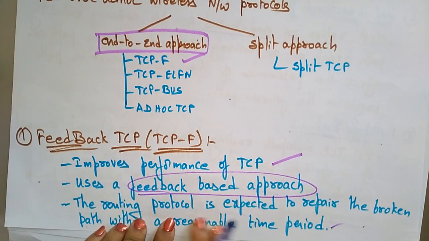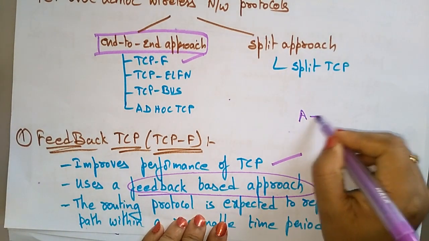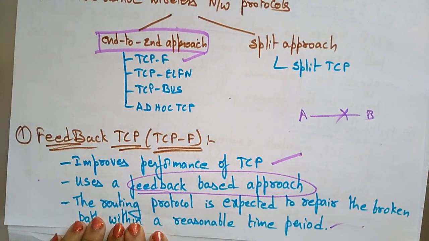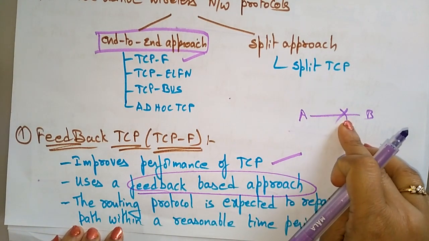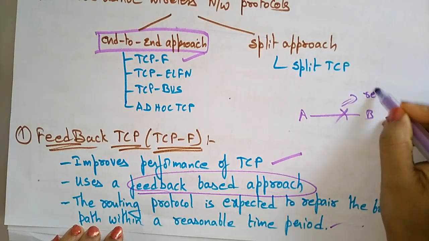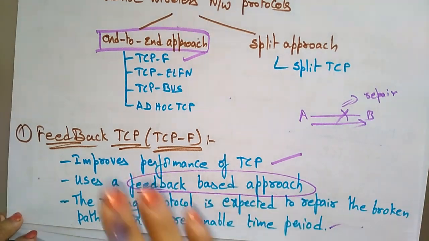Here the routing protocol is expected to repair. Suppose I want to send a message from A to B and the link is broken. Then the routing protocol in the feedback TCP is expected to repair the broken link path within a reasonable time, and then the packet has to be sent again. That is the main use of this feedback TCP.